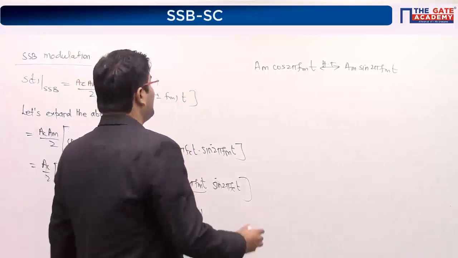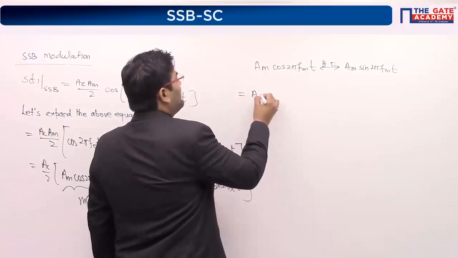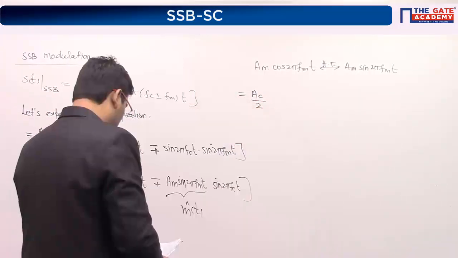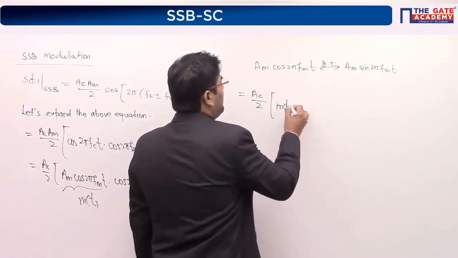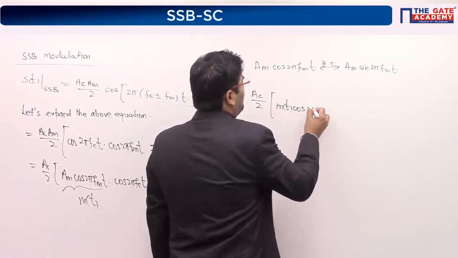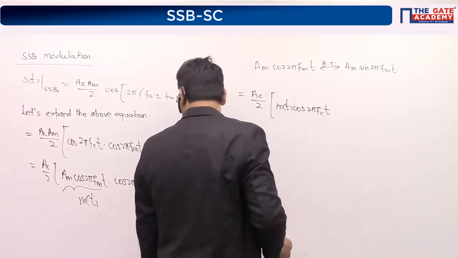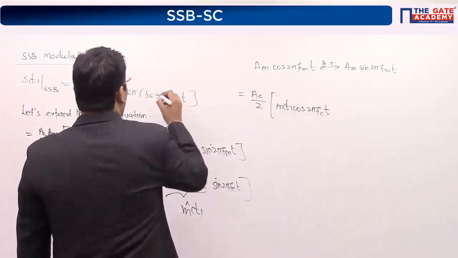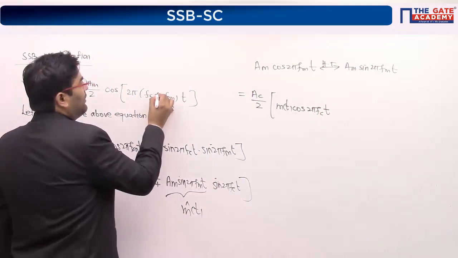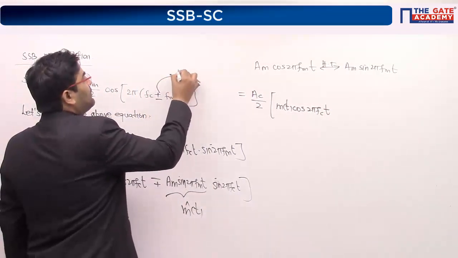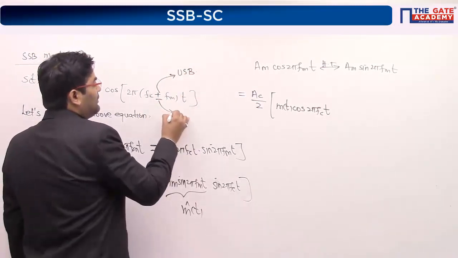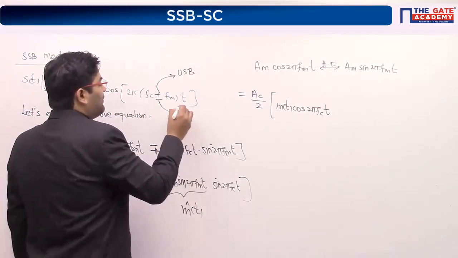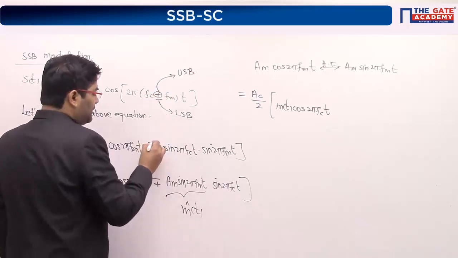So using that, can I write it is AC by 2 MT cos 2 pi FCT, right? And if you recall, guys, I need your full attention here. If you recall, this plus meant upper side band and this minus meant lower side band. This plus has changed to this minus.